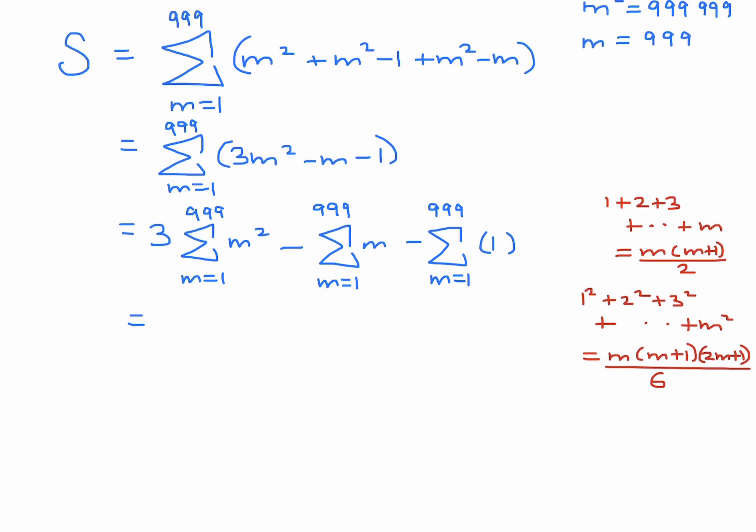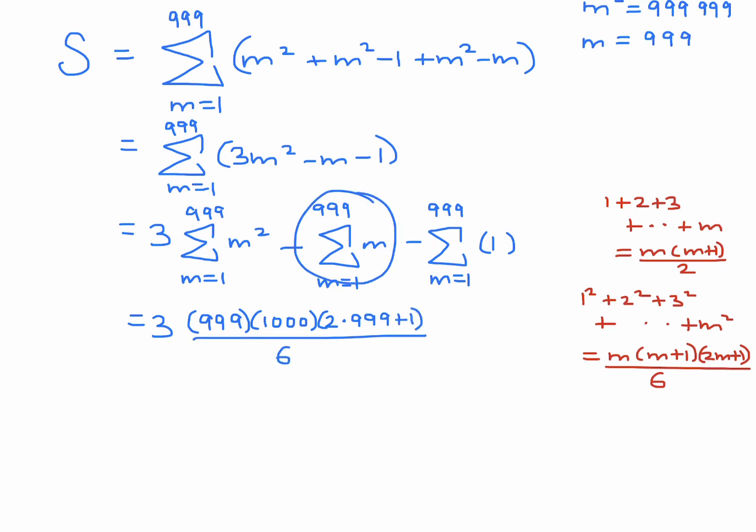Okay, I think we're making some excellent progress here. So let's use this one now. Using this formula here, it would be 999 times 999 plus 1, which is 1,000, times 2 times 999 plus 1, all over 6.